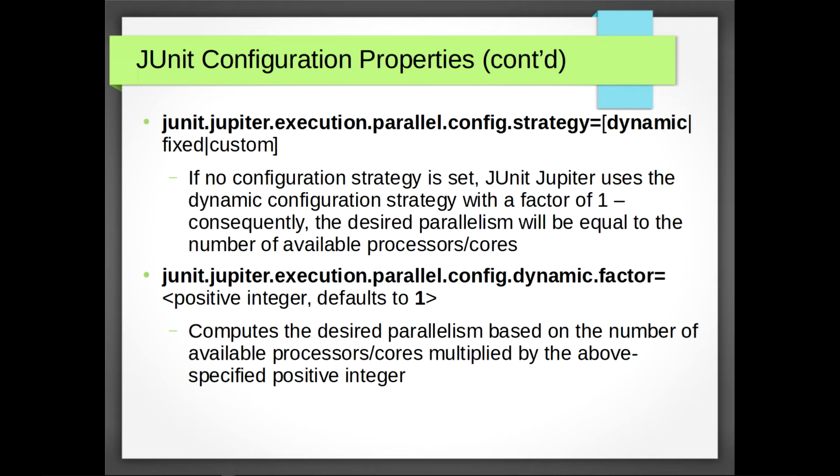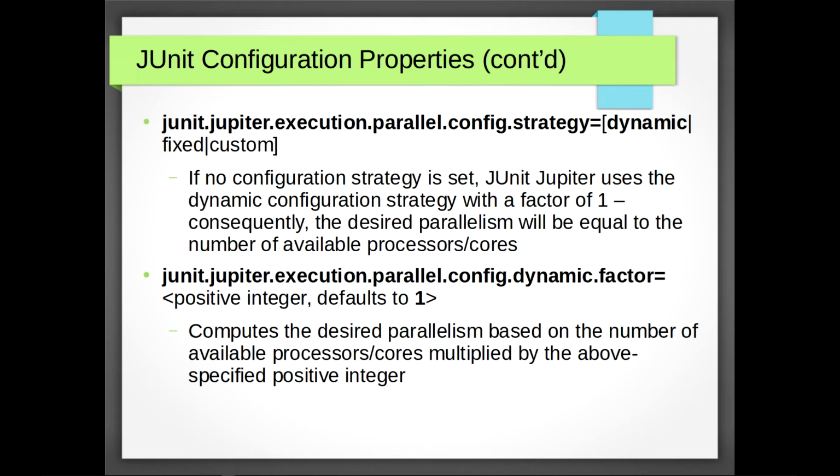This will cause our number of processors or cores to be multiplied by the above specified positive integer, and that will be the size of our thread pool, ideally. Because in the future slides we will see that the runtime doesn't actually guarantee the maximum number of threads, but that's our desired number of threads and a strong hint to the runtime.